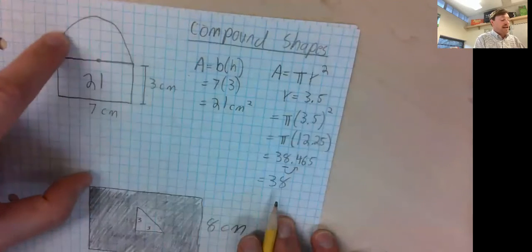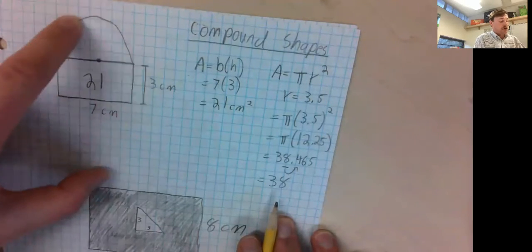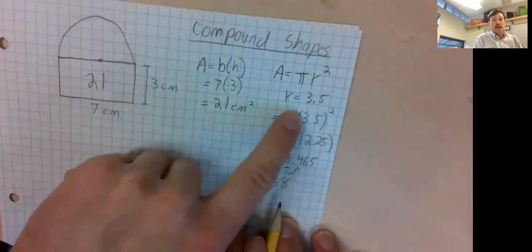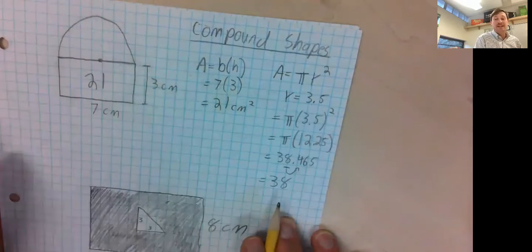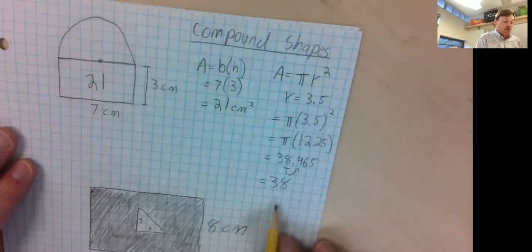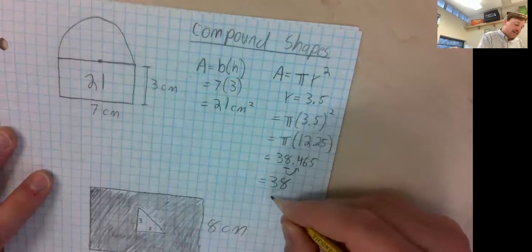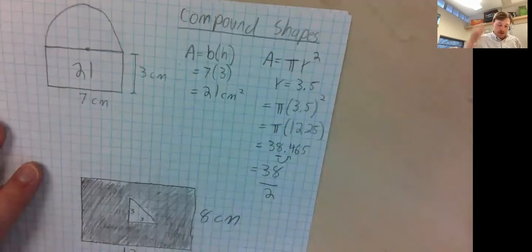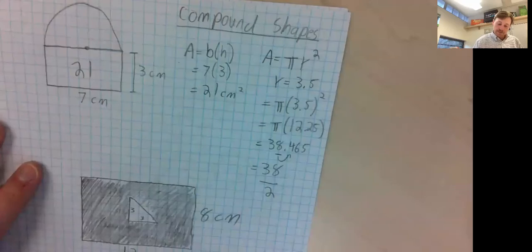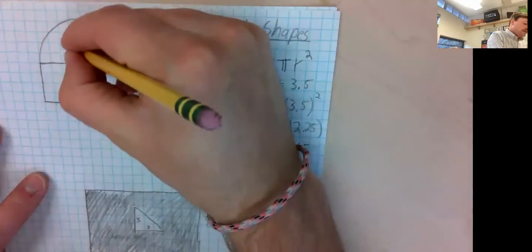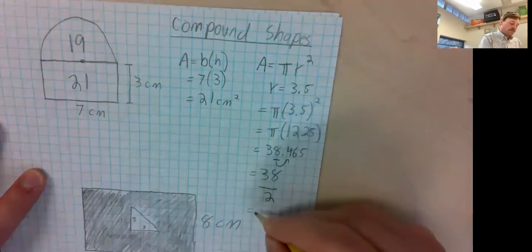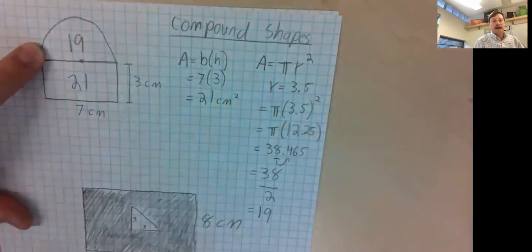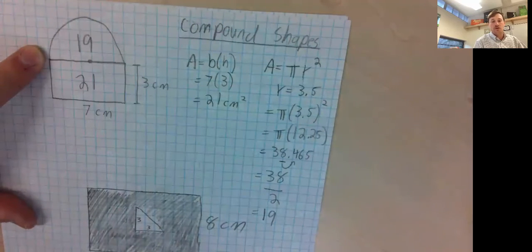That is for an entire circle whose radius is 3.5. We're only dealing with half of a circle. So what we need to do to this number is cut it in half. We're going to divide that by 2. 38 divided by 2 is 19. So 19 is my area for this half circle on top.